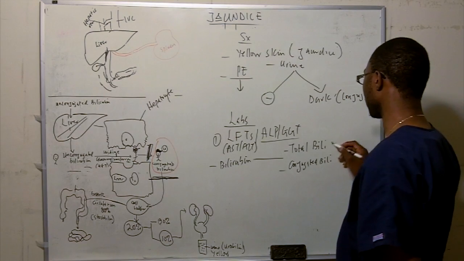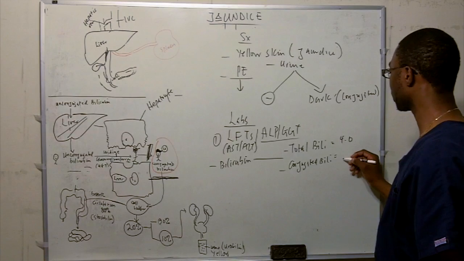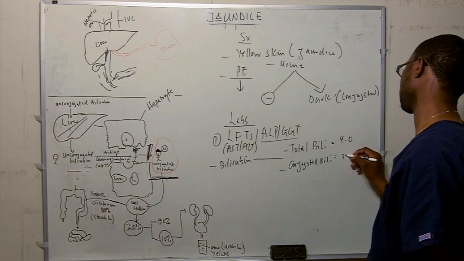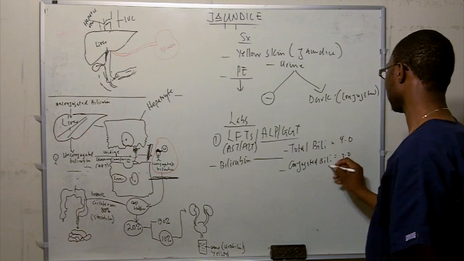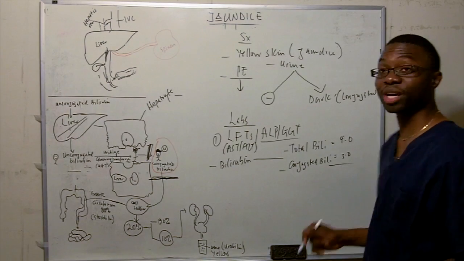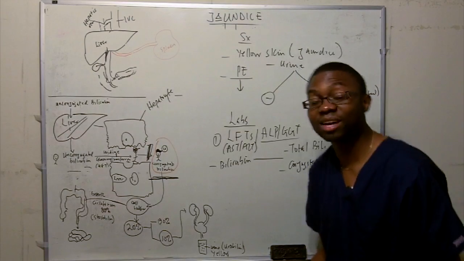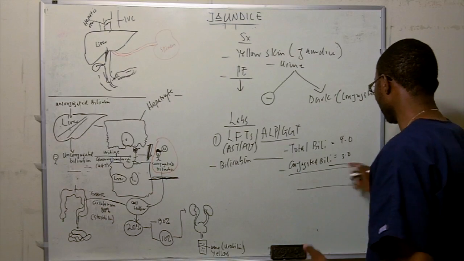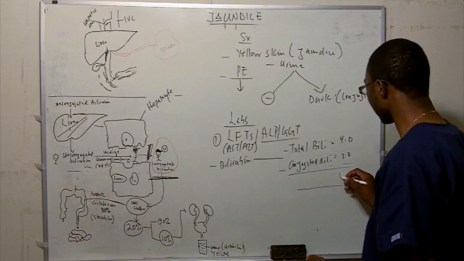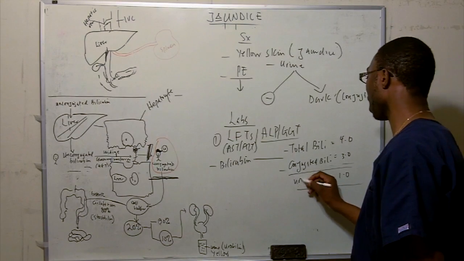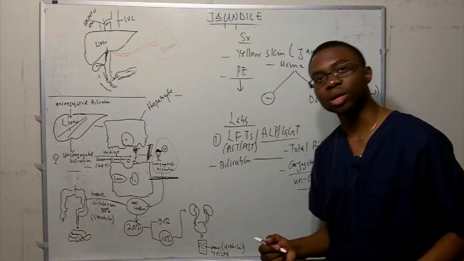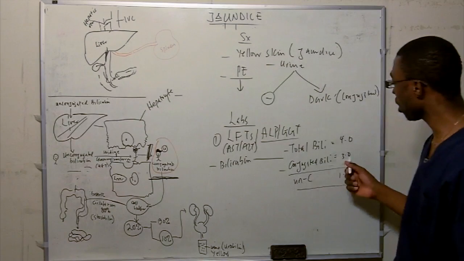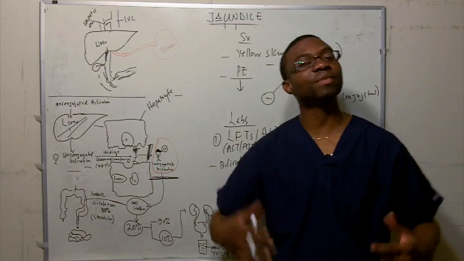That's what you get back from the lab. So let's say this is 4 and this is 3. If they don't tell you what the unconjugated is, what do you do? You subtract. You put a minus sign, you do that, and you say 4 minus 3 is 1. So therefore, the unconjugated bilirubin is going to be 1. So automatically, you know it's the conjugated bilirubin that's very high.